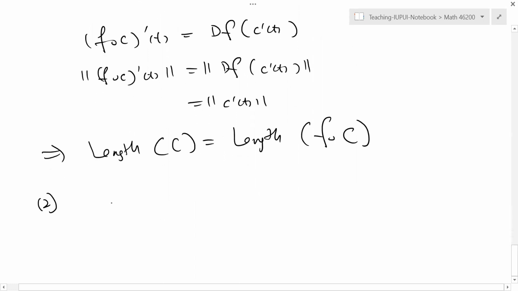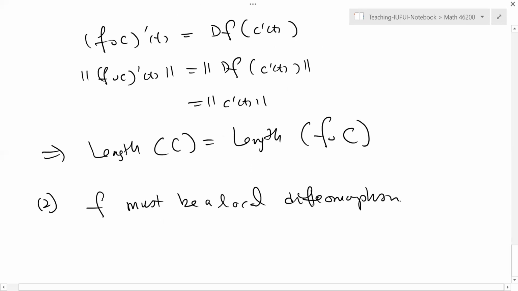Another important thing for local isometry is that F must be a local diffeomorphism. The reason is as follows.